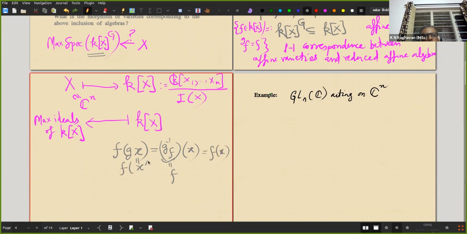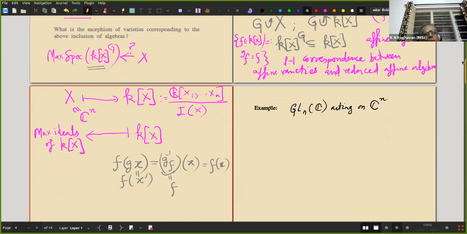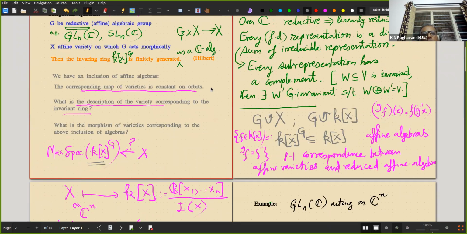So f of x prime is equal to f of x. If x and x prime are in the same orbit of G, then any of these functions take the same value on x and x prime. So when I map them, the image of x and the image of x prime must be the same, because if they were not, there would be some function here which separates them. So one obvious thing is that this map is constant on orbits.